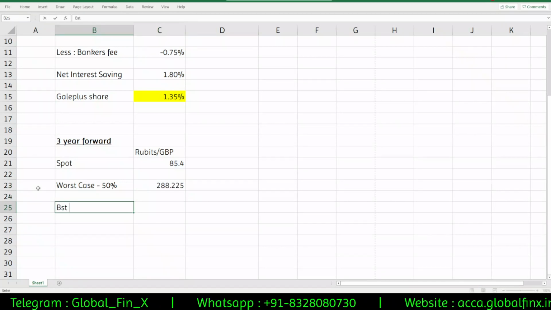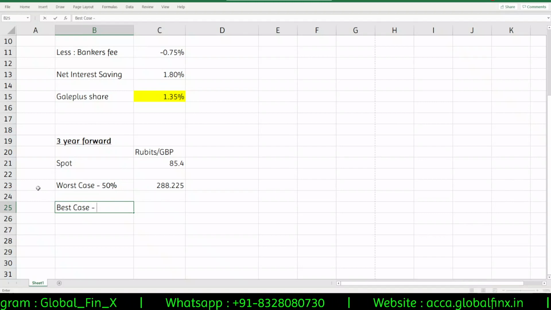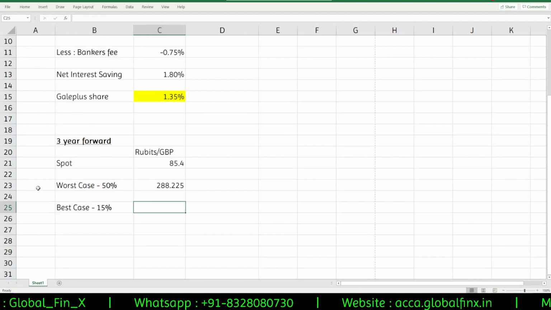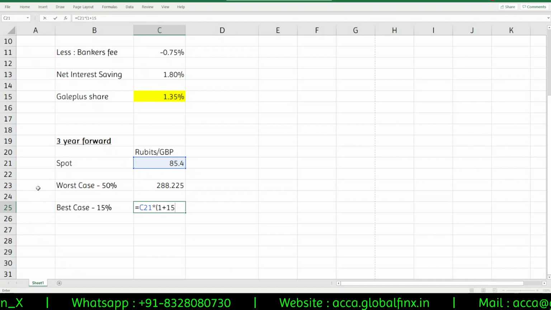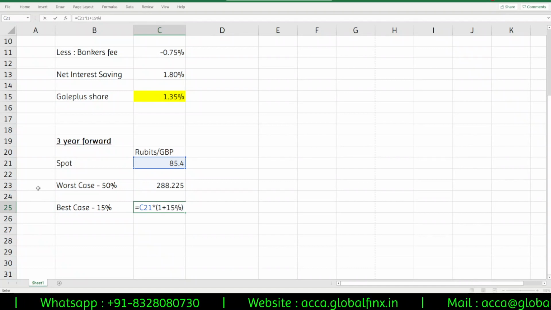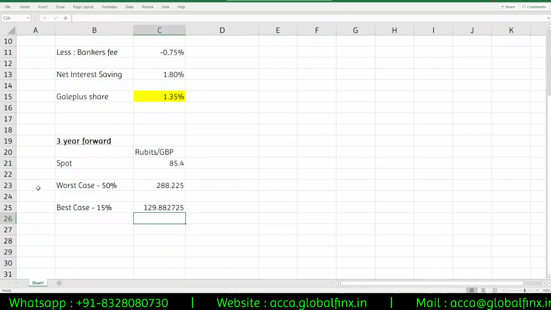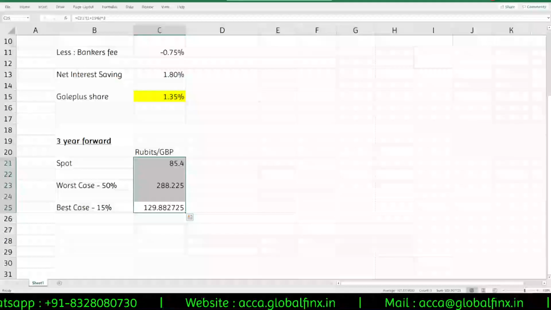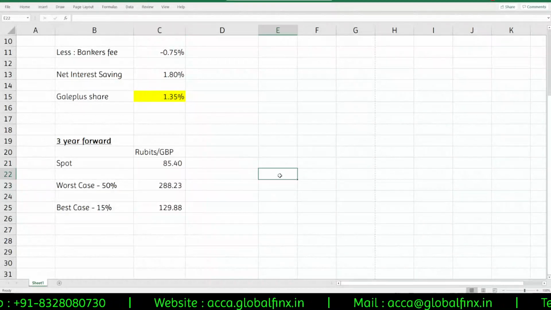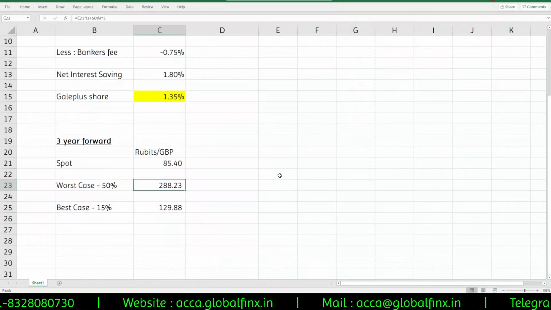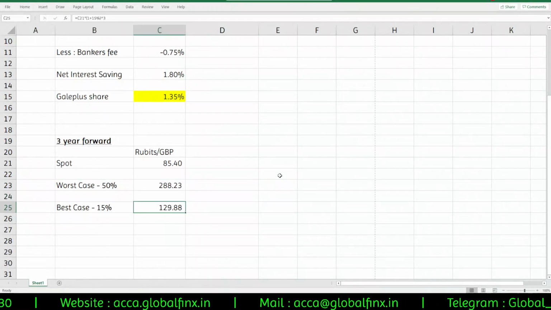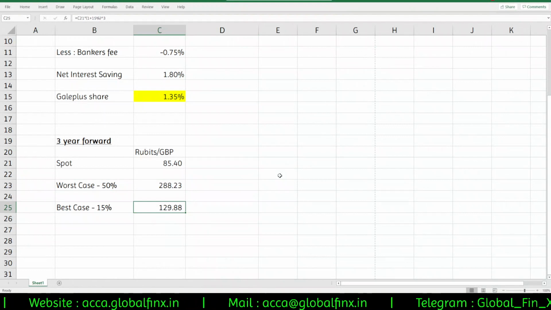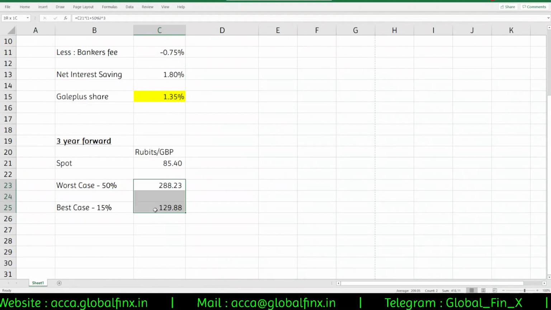If it's the best case of only 15% inflation, that would mean 85.4 into 1 plus 15% raised to the power of 3, which is 129 point something. So technically this would be the worst case forward rate, and this will be the best case forward rate.